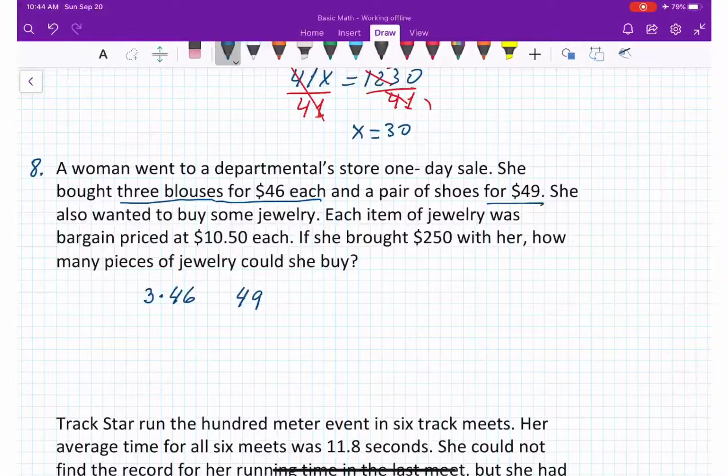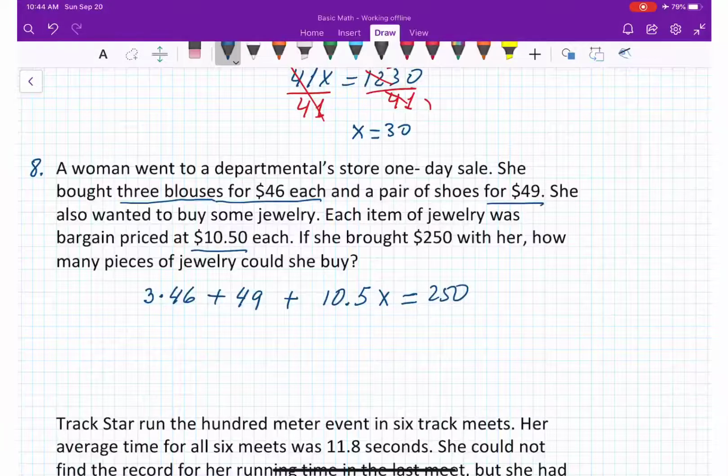So we don't know how many pieces of jewelry. That means, since it's $10.50 each, it's going to be $10.5x, right? And all together, if I add, I'm going to get 250 because she brought 250, so she spent all 250 because it's asking how many she could buy.